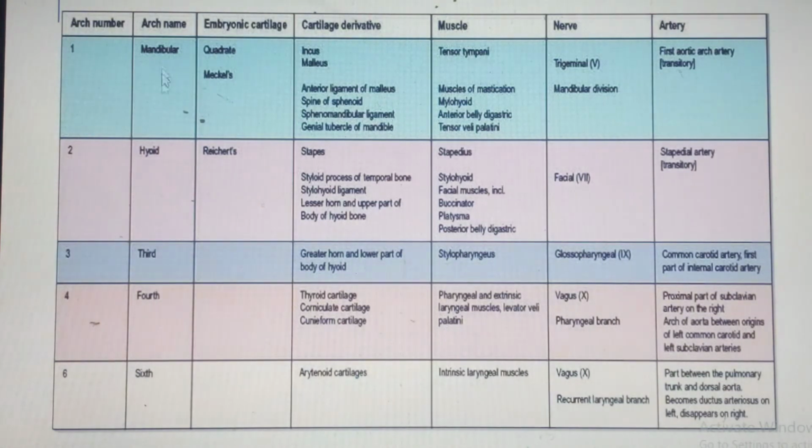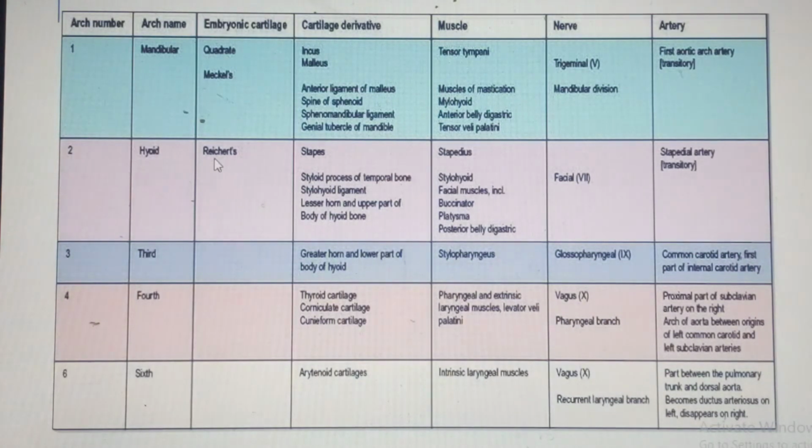The first two arches are given special names: the first arch is called the mandibular arch, and the second arch is called the hyoid arch. Similarly, with respect to the cartilage model, only the first and second ones have special names. The first one is called Meckel's cartilage, and the second one is called Reichert's cartilage.